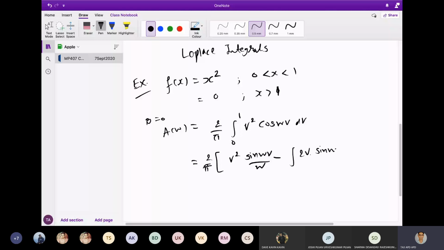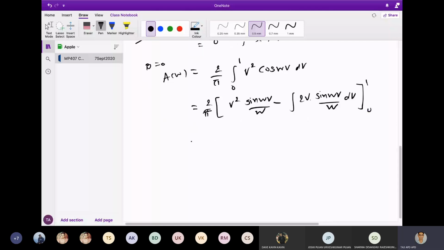Just note that we are integrating with respect to v, so this is going to be sine wv upon w, integral from 0 to 1, and this is going to be equal to 2 over pi, v square sine wv upon w minus 2v. Again, you will be doing the same thing, so I'm just writing it directly, minus 2v over w.